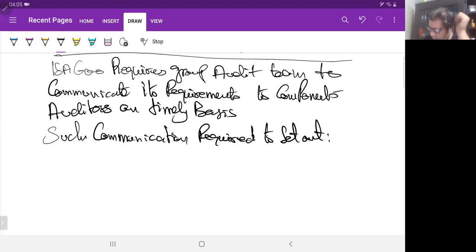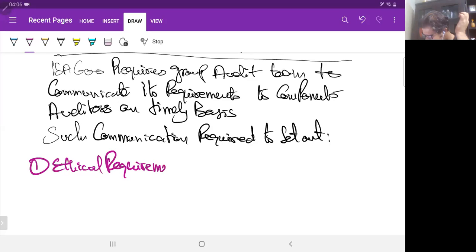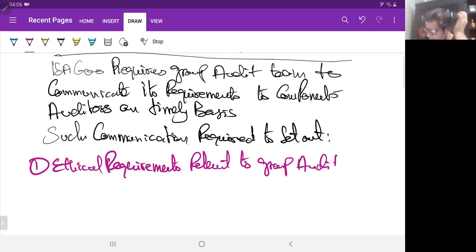Number one, ethical requirements relevant to the group audit, in particular the independence requirements.